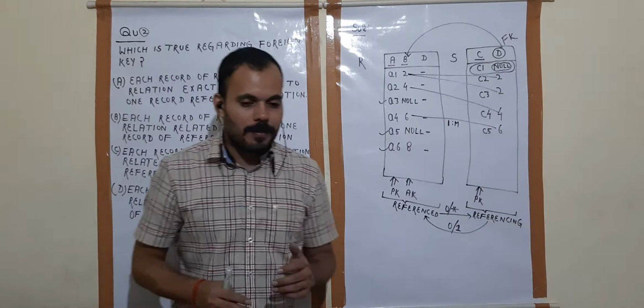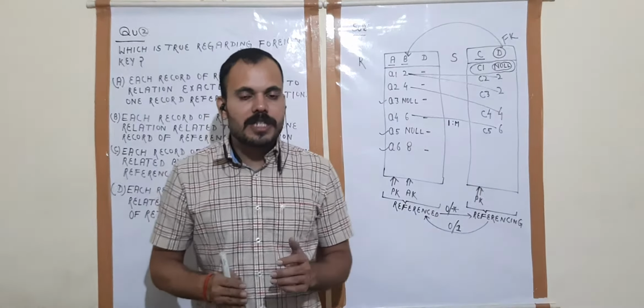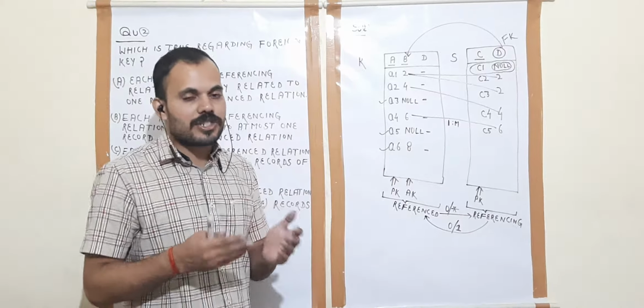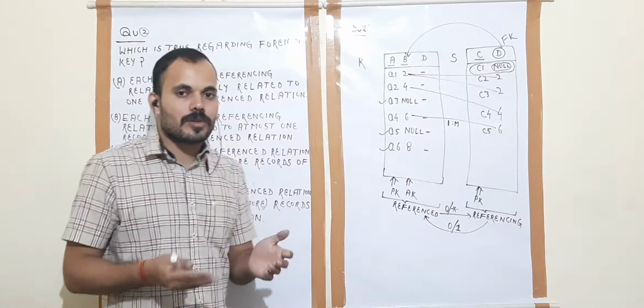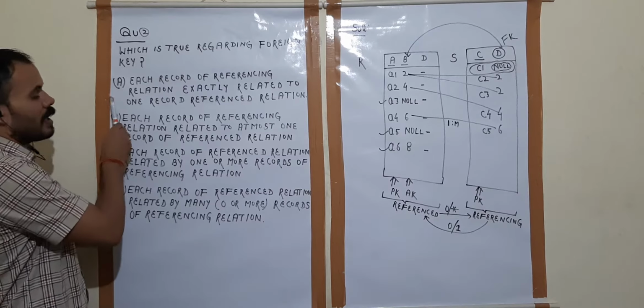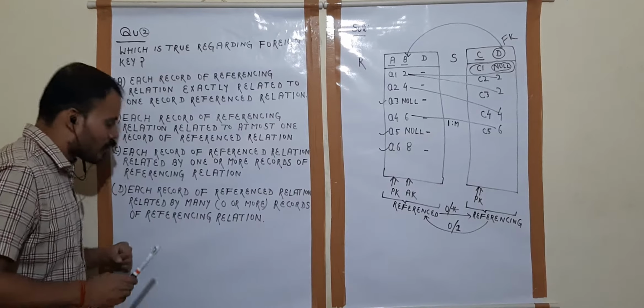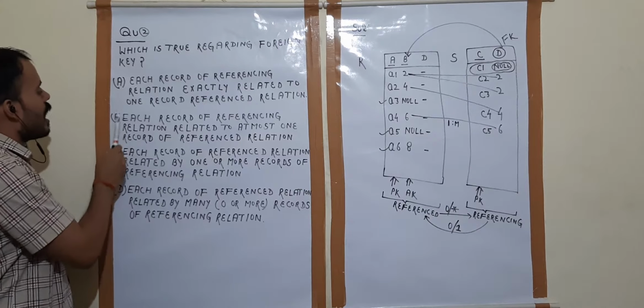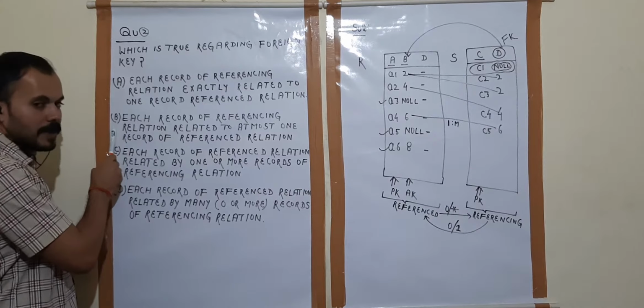Whatever concept we studied till now, we have to apply this concept, and we have to conclude whether statement A is true or false, or B is true or false, or C is true or false, or D is true or false.